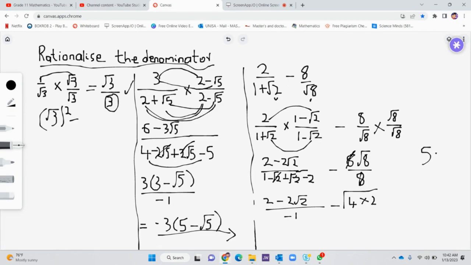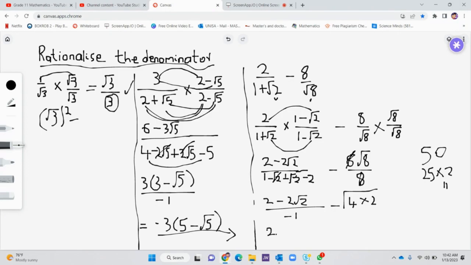If it was a 50, we would say it's 25 times 2 because we know that 25 is a perfect square. But what if it's the case of an 11? Then we would leave it alone because you can't make 11 into something times a perfect square. But 8 is 2 times something that is a perfect square, that is a 4. So in this case, we have 2 root 2.